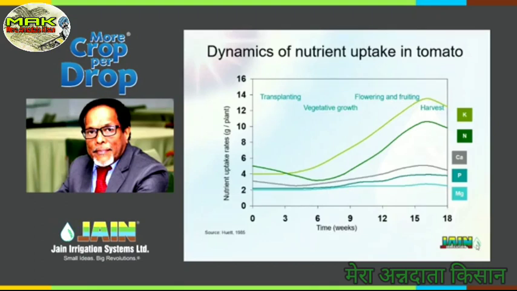So what happens in general, conventional agriculture, is that either before transplanting or immediately after transplanting, we apply masses of fertilizer, NPK, right into the soil. The crop is not ready. It's exactly like an infant, a baby, being fed solid food when it is only 2 or 3 months old.